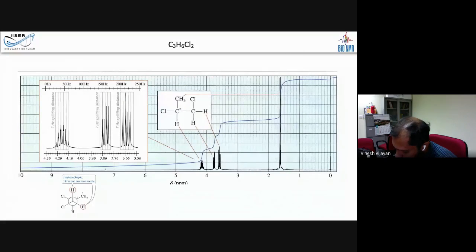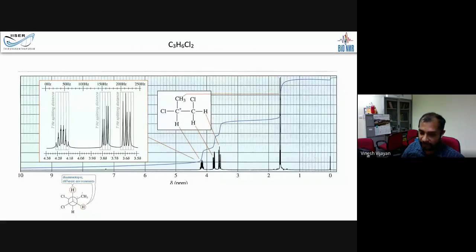So what I want to say is that these H's are going to be diastereotopic. Enantiotopic protons will have the same chemical shift in an achiral environment. Diastereotopic protons will have different chemical shifts in an achiral environment. Enantiotopic protons will have different chemical shifts in a chiral environment.